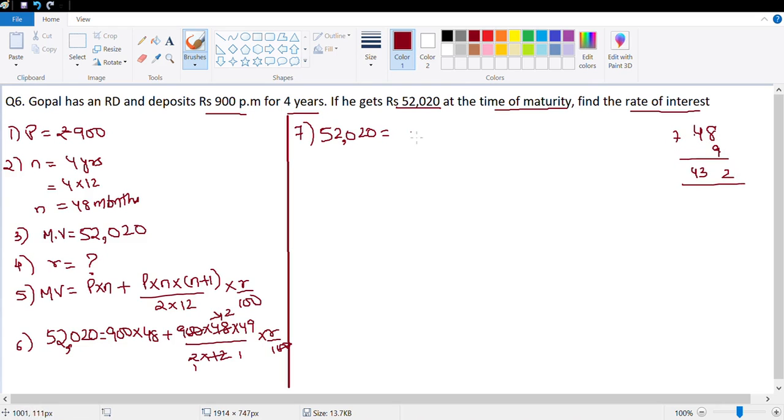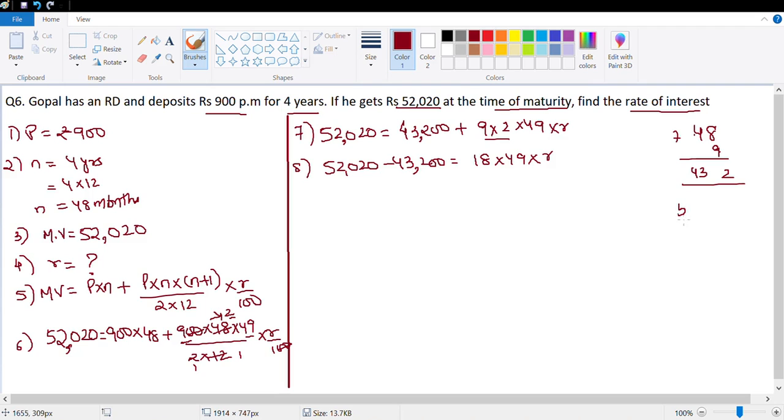So this is 43,200 plus, in the numerator I have 9 multiplied with 2 multiplied with 49 into R. Let me reconfirm, 9 into 49 R. And that's correct. So now what we have is 52,020 minus 43,200 is equal to 18 into 49 into R. I've just multiplied 9 into 2.